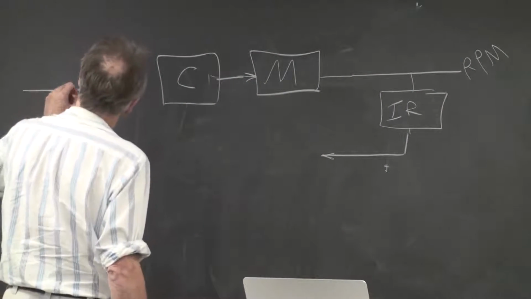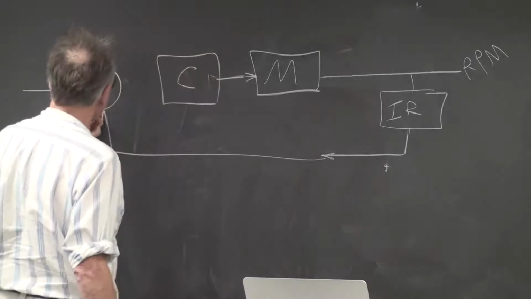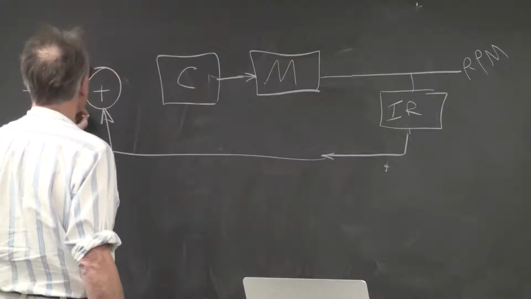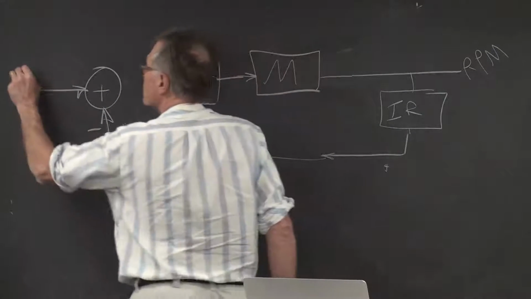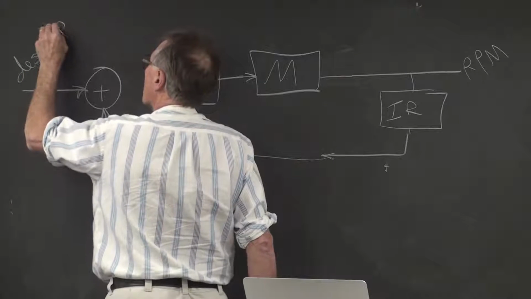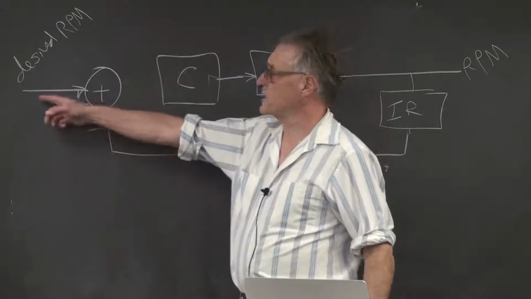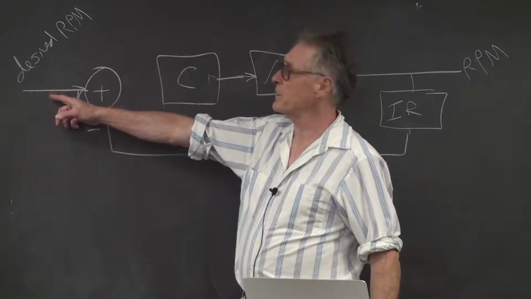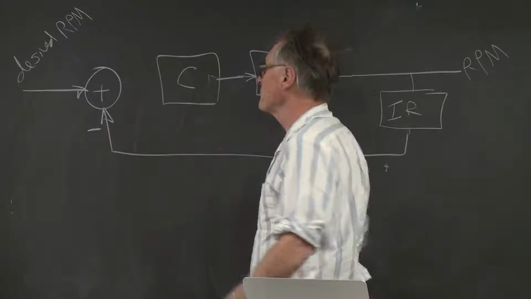And we're going to compare this by addition, actually by subtraction. So this is a summing junction. We're going to negate the feedback input. And here we're going to apply the desired RPM. So there's going to be some control signal at the input that you're going to type from a keyboard, which is going to be the desired RPM.